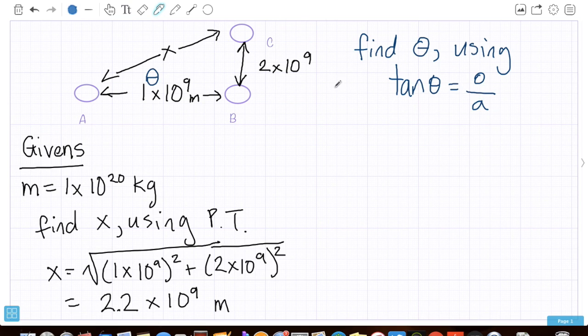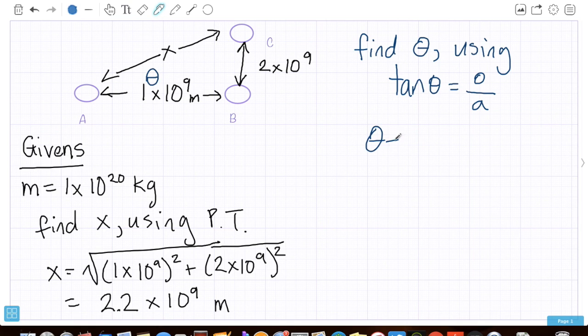We can use any of the three trig ratios, so sine and cos are still okay. But I like the tan ratio because these numbers are given to us, whereas the x value is something we found and rounded, and so the accuracy of the angle measurement would not be as good.